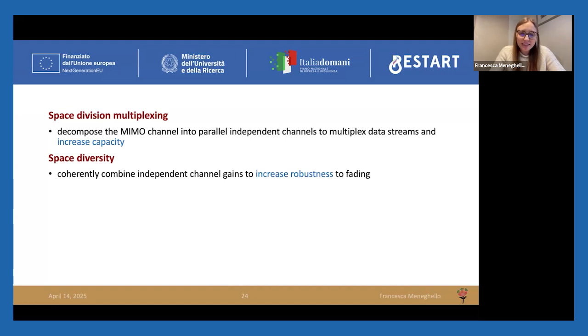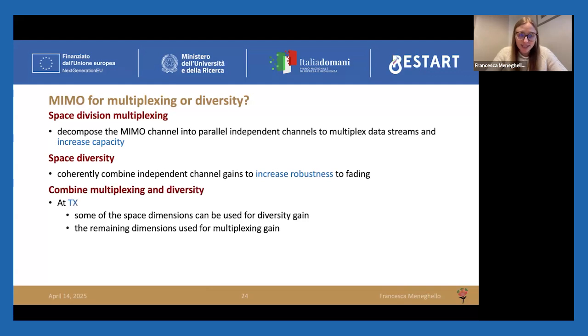While with diversity, we are combining coherently the gains over the independent fading channels in order to increase the robustness of our system to fading. Now the question is, should we use MIMO for multiplexing or for diversity? The answer is that we don't have to choose, because we can combine multiplexing gain and diversity gain.